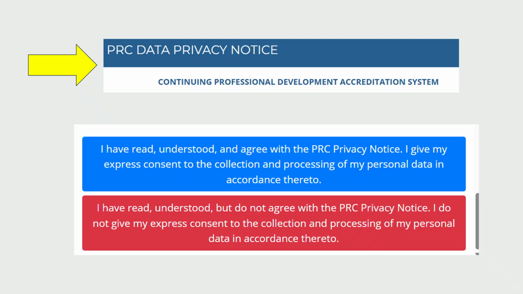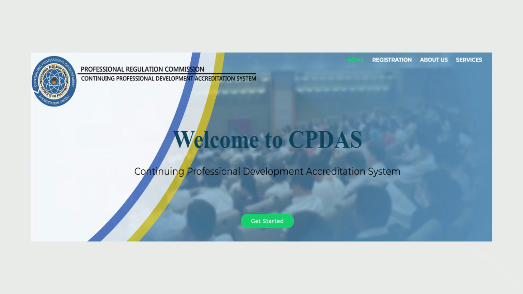Just scroll down the arrow on the right side, and you will see this notice and just click I have read. After that, you'll be directed again to the CPDAS page and you will just click get started.